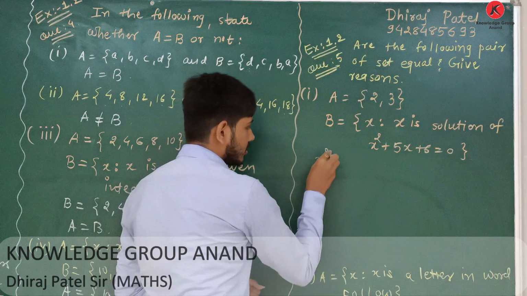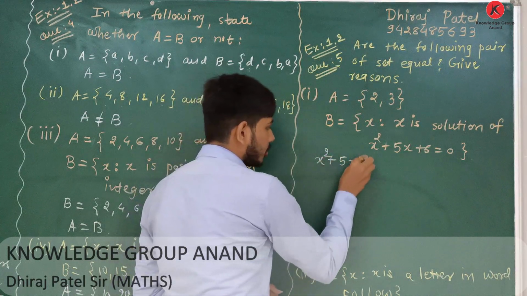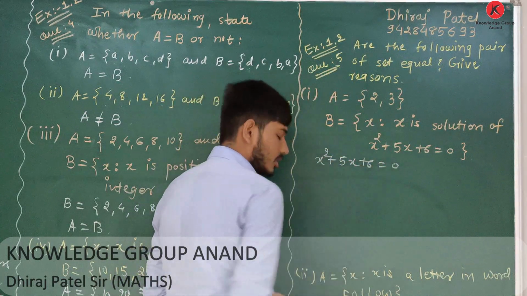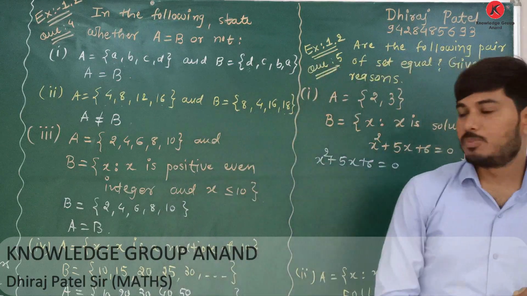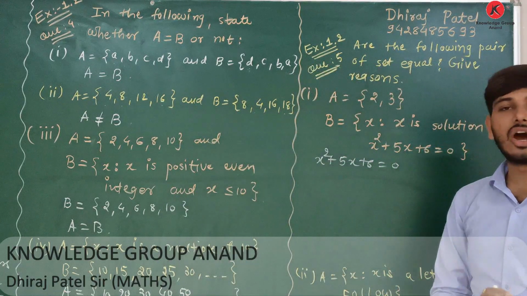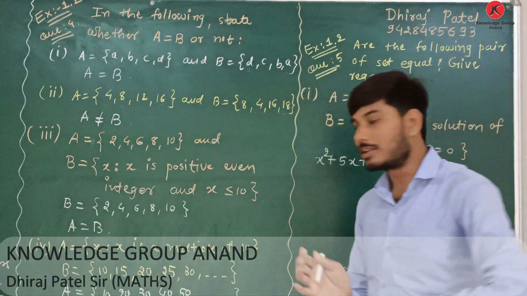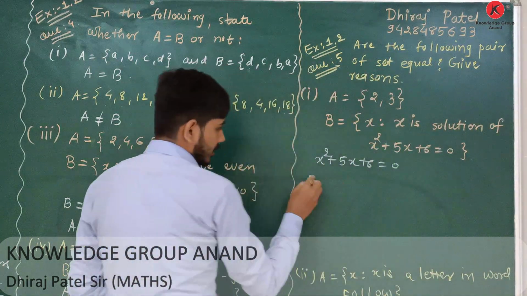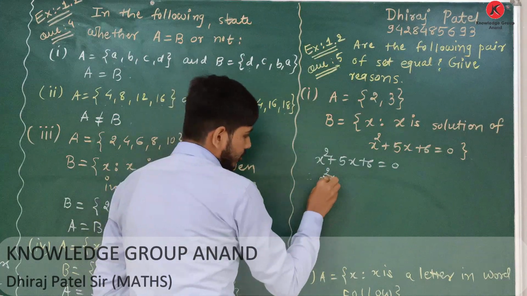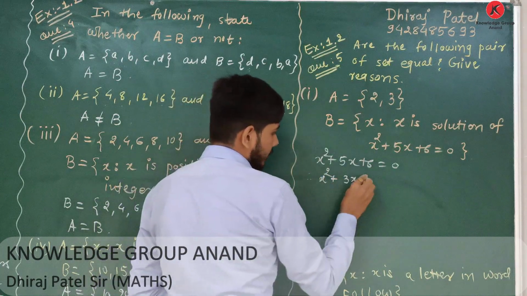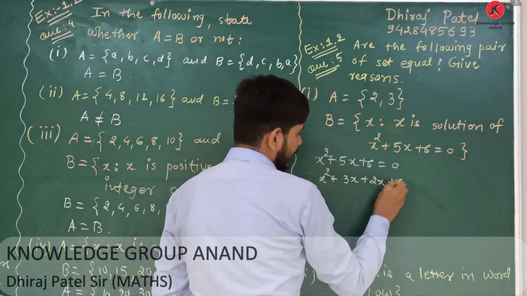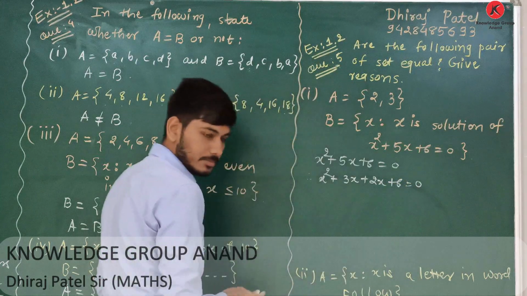I am solving this equation x square plus 5x plus 6 equals 0. We can use any of the methods for solution of a quadratic equation. I am going with the splitting the middle term method. Therefore, x square plus 3x plus 2x plus 6 equals 0.